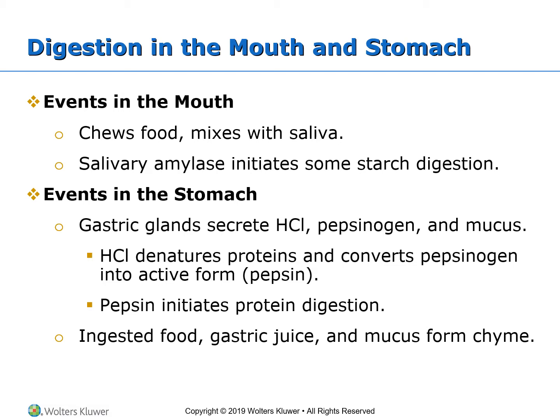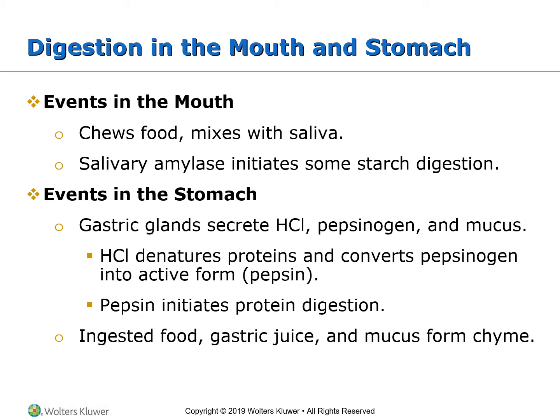So the digestion of proteins, if the digestion of carbohydrates started at the level of the mouth, the proteins will start being digested in the stomach by the action of hydrochloric acid, in addition to an enzyme that is called pepsin. Pepsin is secreted in an inactive form. It's called pepsinogen.